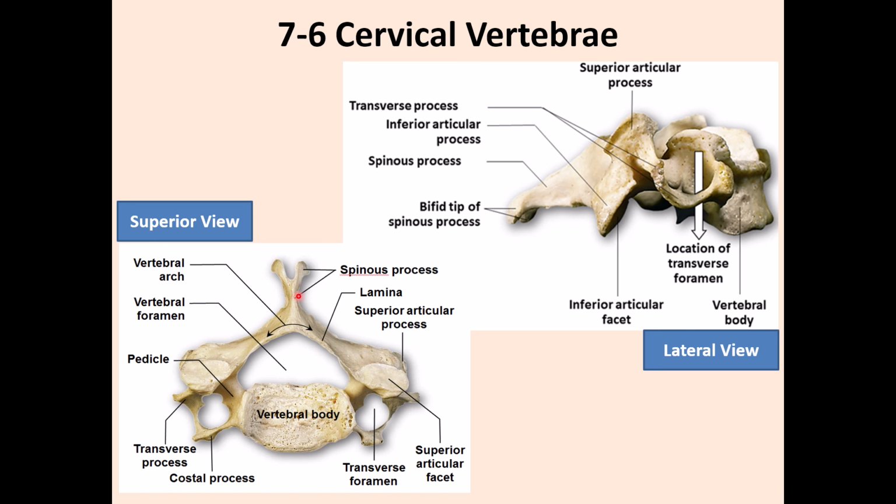You also have the spinous process, but you can see the spinous process is split here, and this is called bifid tip. Bifid. And you can see that the upper edge is oblique and the inferior edge is horizontal. So these are a few features of the cervical vertebrae.